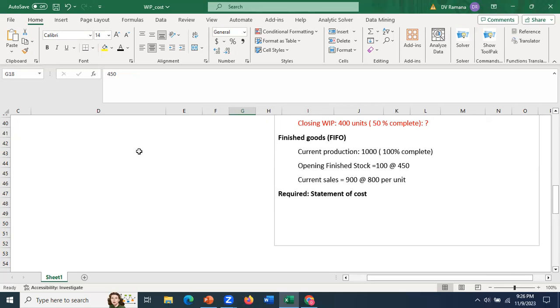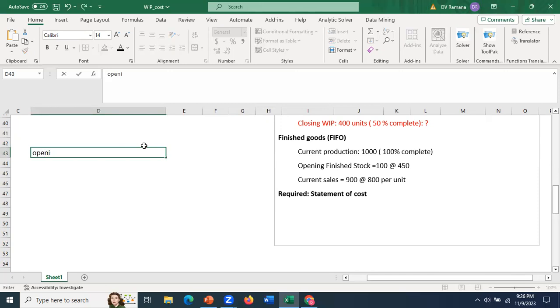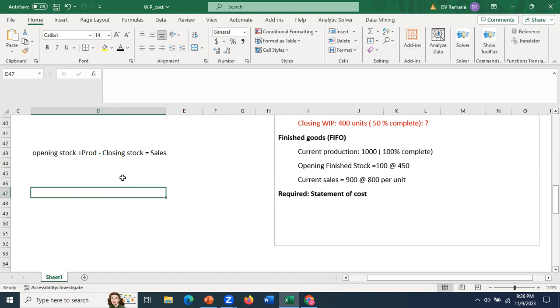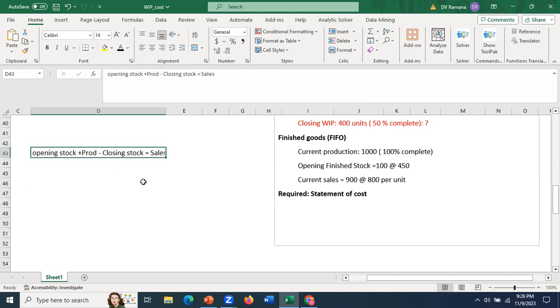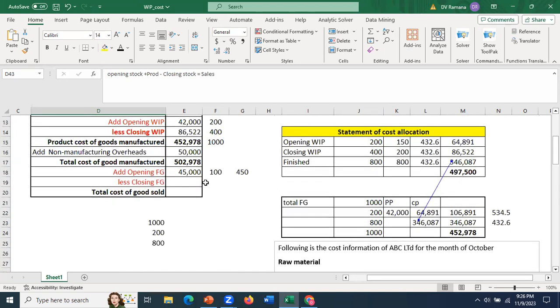So we know this, that opening stock plus production minus closing stock is equal to sales, isn't it, in the units? So in this case, the sales are given, so we can derive closing stock. So closing stock in this example is 200 units.